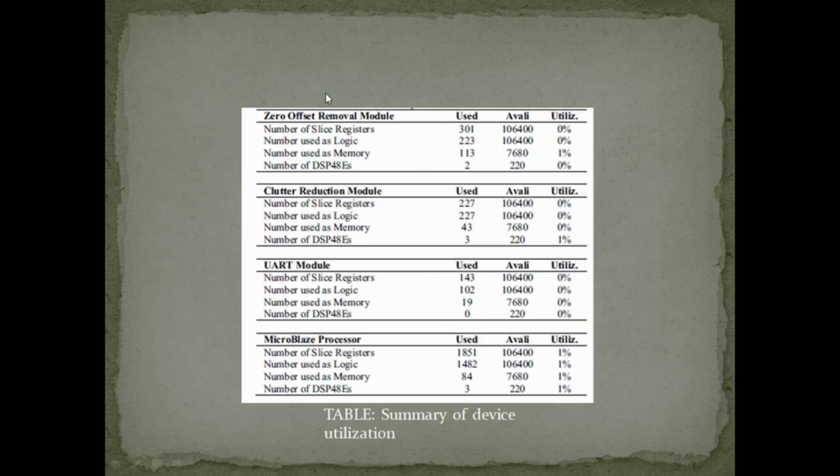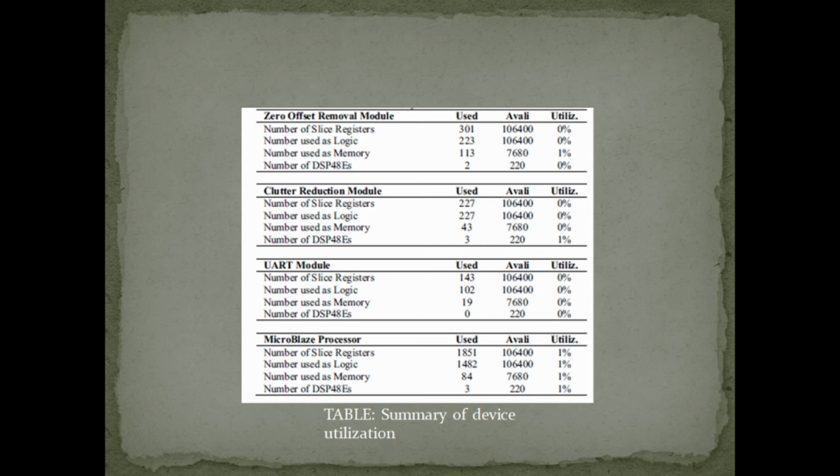So this is the table they have given in the paper. This table summarizes the device utilization. It summarizes the device resources utilized for each hardware and software module.